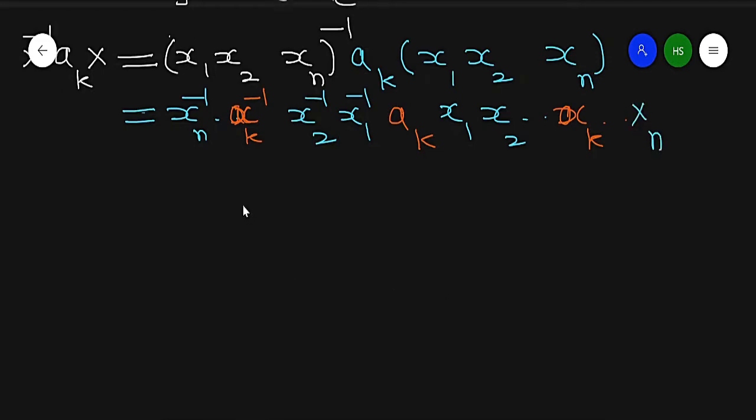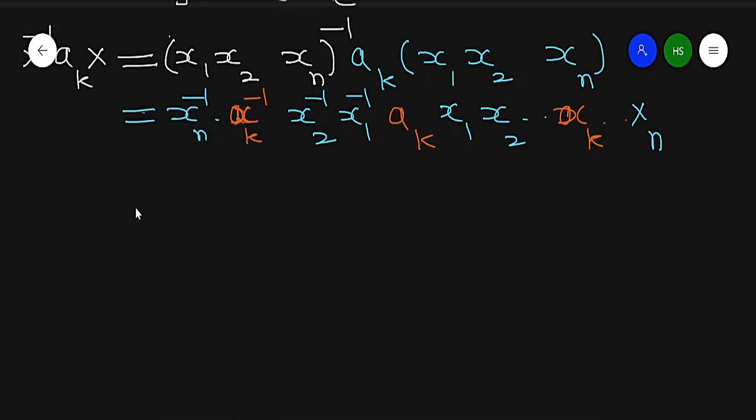Now we know that for different Hi they commute. So the red-colored terms commute to every blue term.